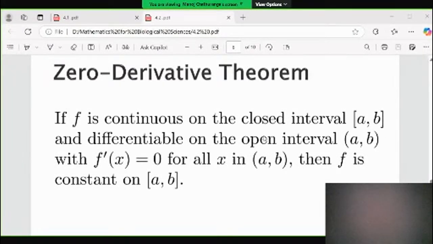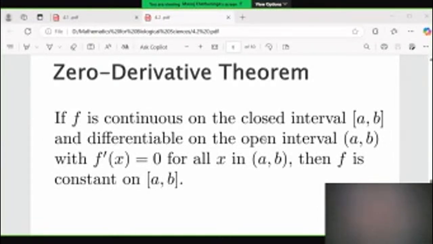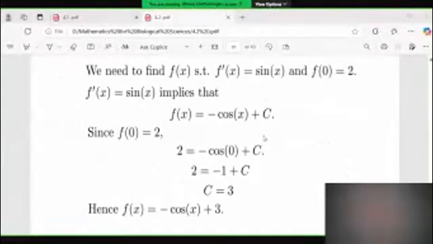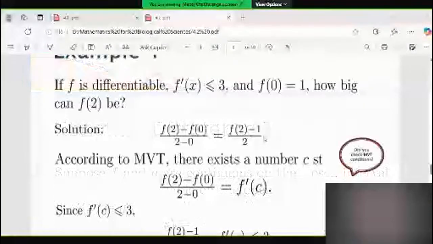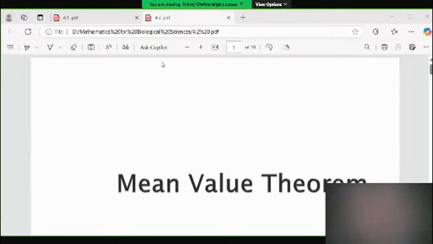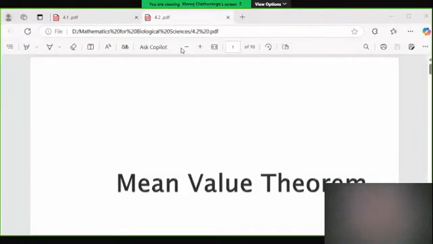If the derivative is zero, the function must be a constant. And if two functions share the same derivative, their difference is a constant. So here we found two more applications of derivatives: the mean value theorem, Rolle's theorem, and two other theorems.